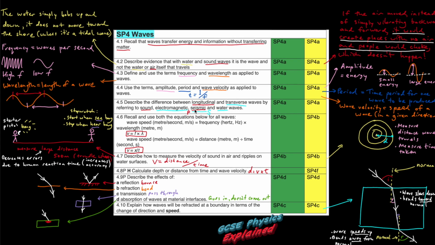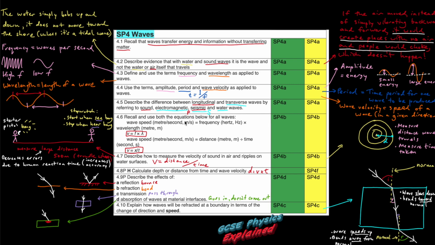So for a seismic wave, which means an earthquake wave, you've got an S wave, which is the transverse variant, and you've got a P wave, which is the longitudinal variant. Water waves are transverse. These go up and down. All electromagnetic waves are transverse. And your sound and your P wave are the longitudinal waves.